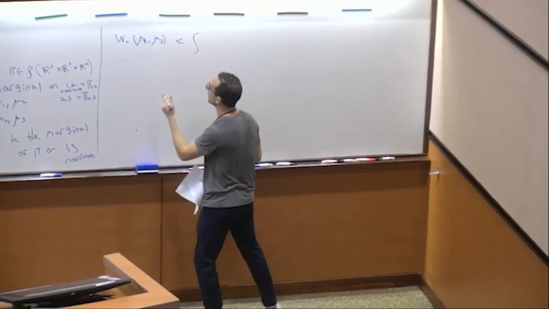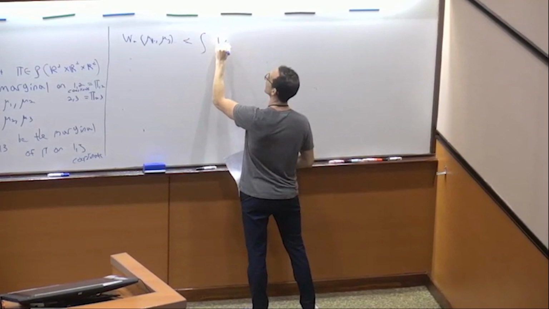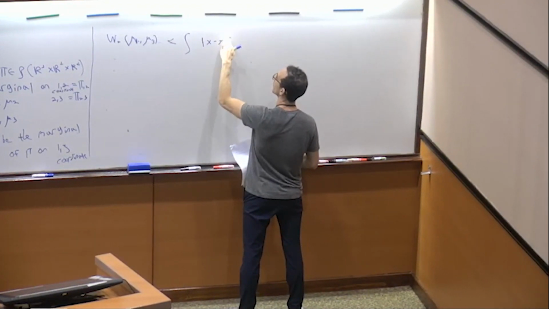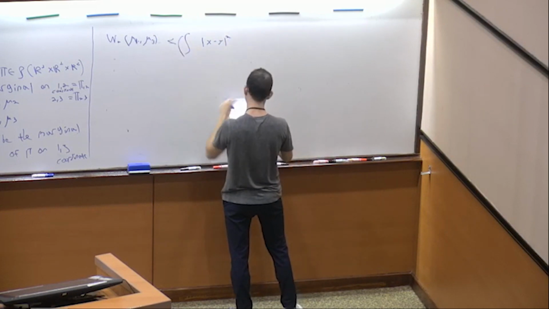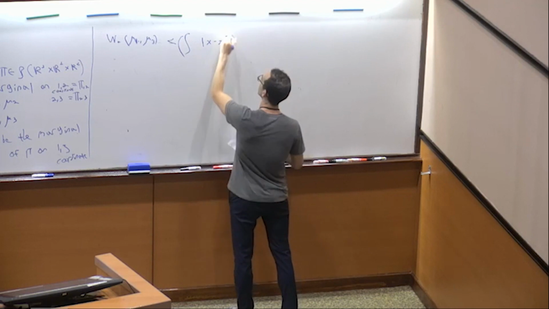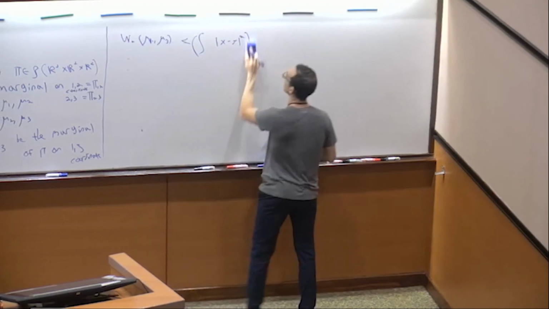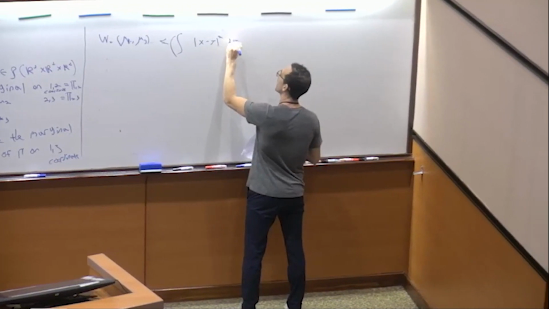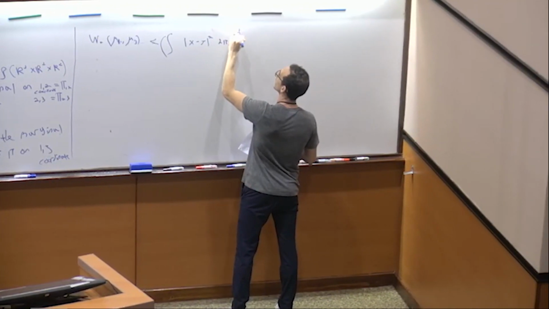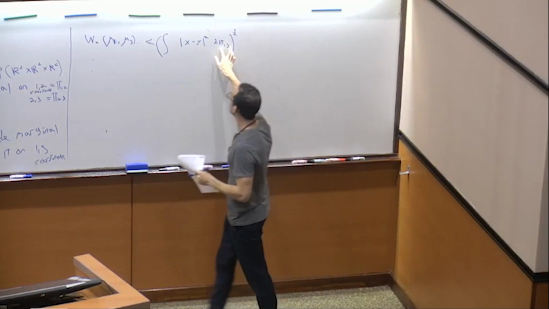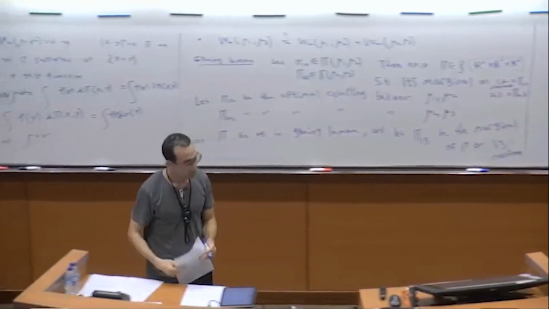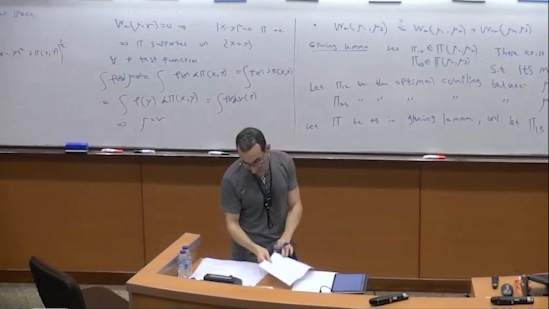We can bound it by, if we just look at x minus y, yeah, let's do it like that. We just take the cost, and then we do it with respect to d pi 1, 3, because this is just an example of such coupling, but there's no reason for this coupling to be optimal.